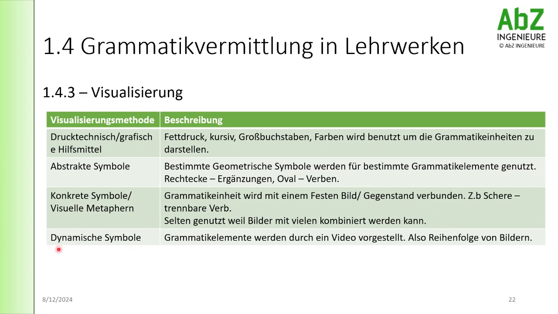Finally, we have dynamische Symbole. Here in this case, the grammatical elements are represented via a video or a Reihenfolge of pictures. You have an order to say 1, 2, 3, 4 and there will be pictures.